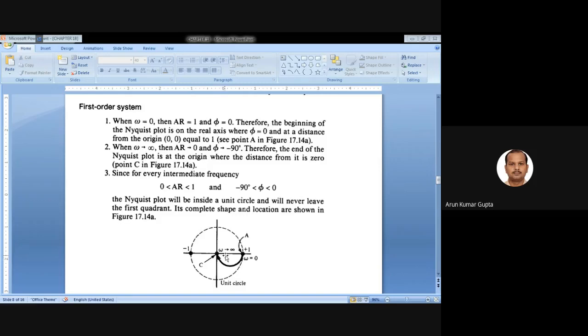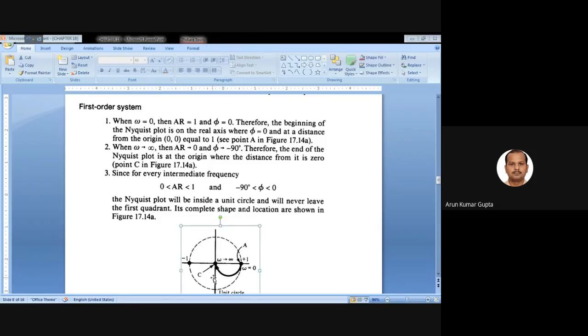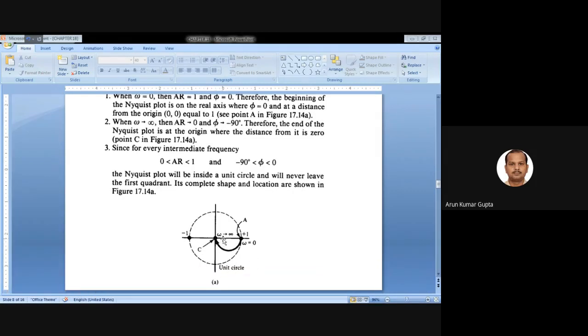Minus 90 means we are on this line. But what is the amplitude ratio? This is 0. So that's why we have a point at the center itself. So our beginning point started from here.